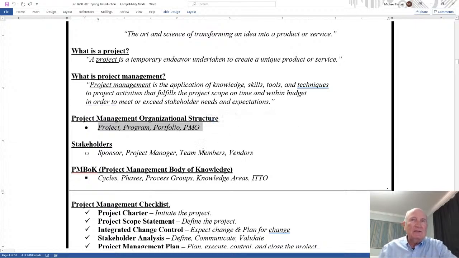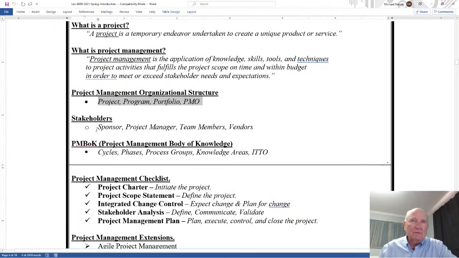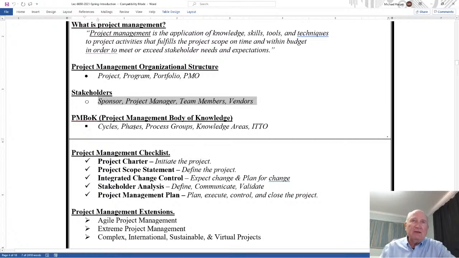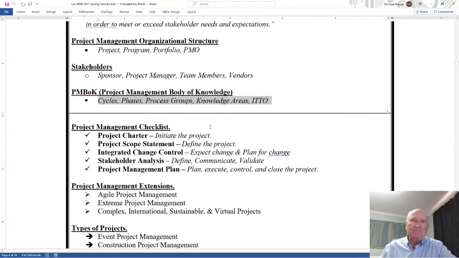And then the resources. Different types of stakeholders: sponsor, project manager, which is a key stakeholder, team members, and vendors. And then finally, the PMBOK has cycles, phases, process groups, knowledge areas, ITTO: inputs, tools, techniques, outputs. Each one of these has a very specific definition, and we'll cover that.